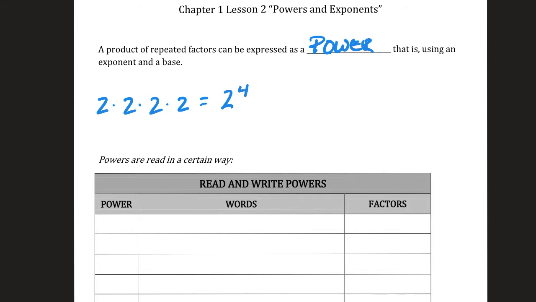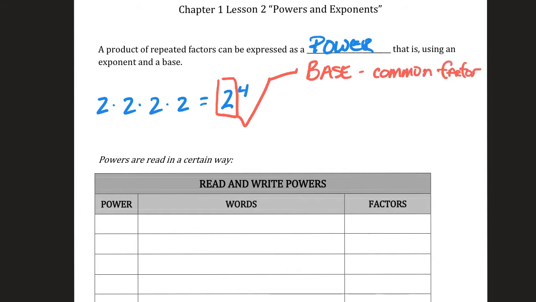In this case, the 2 is called the base, right? And the base is the common factor, and that's the number that is multiplied. Then we also have this smaller number up here that you see, and this is the exponent.